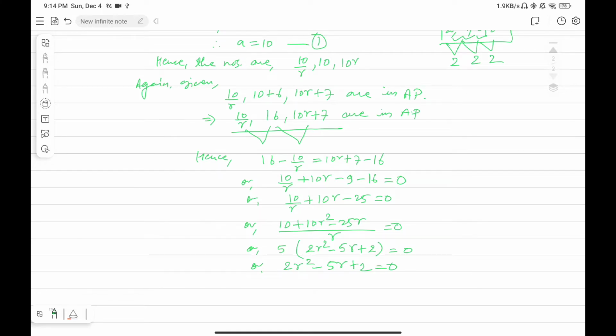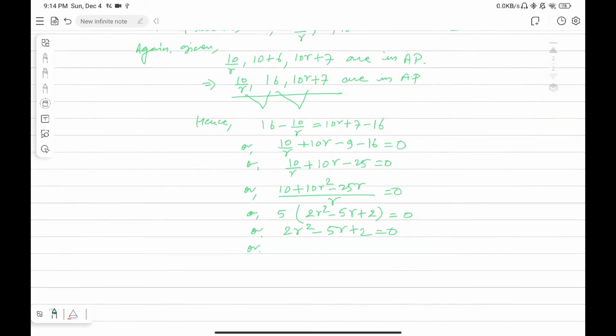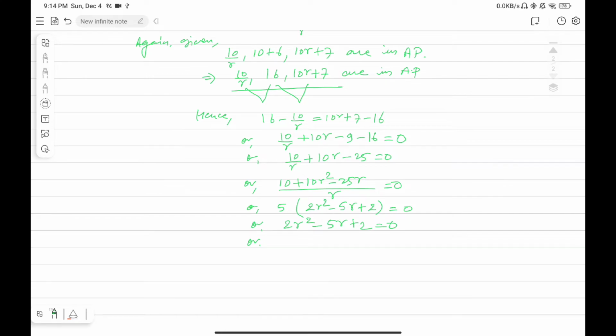Let's factorize this to solve it. This is a quadratic, so R must have two solutions. Let's factorize 2R squared minus 5R plus 2 equals 0, splitting 5 as 4 plus 1. So 2R squared minus 4R minus R plus 2 equals 0. I'm not talking about how to factorize this; I suppose you are familiar with factorization.